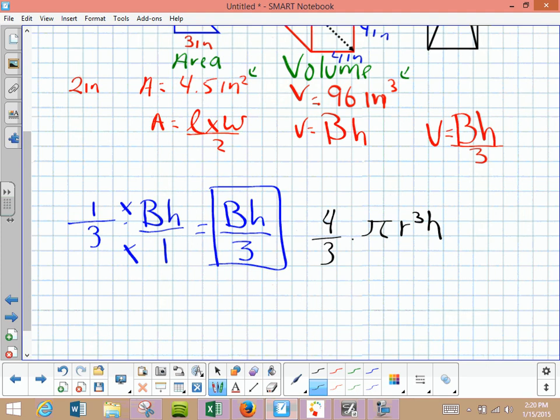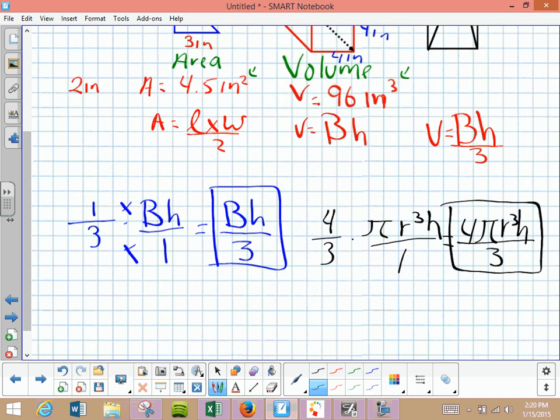We use the same thing. Put it over 1 and just say 4 times that will be 4 pi r cubed times h all over 3. And that's it. It makes it easier than having to multiply by a fraction. That's the volume for the sphere.